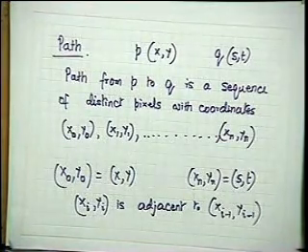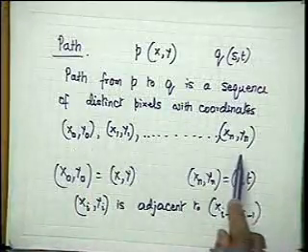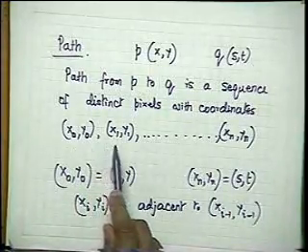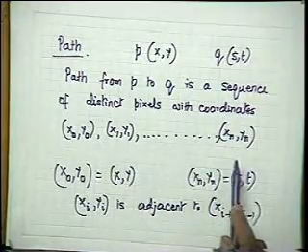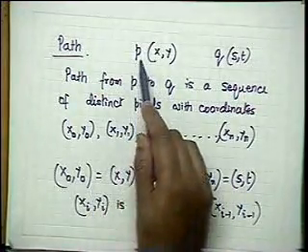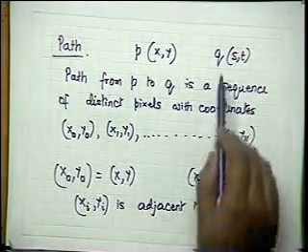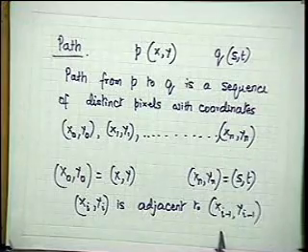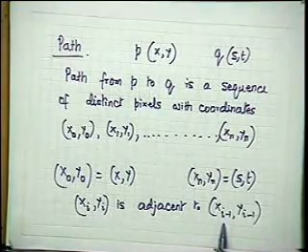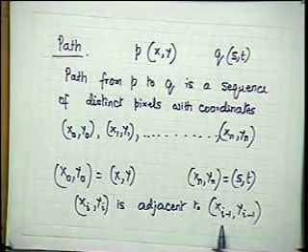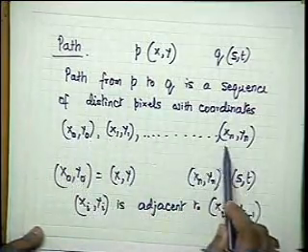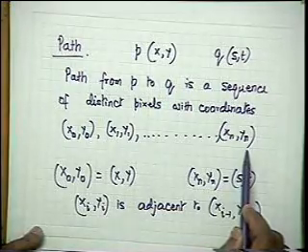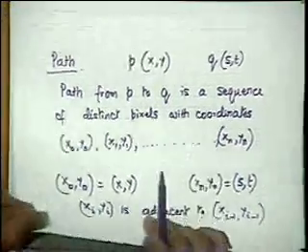So if the consecutive pixels in the path are adjacent, and if the starting point is P and the end point is Q, then I will define this entire sequence from x0, y0 to xn, yn as a path from P to Q. So it means to say it's like this.